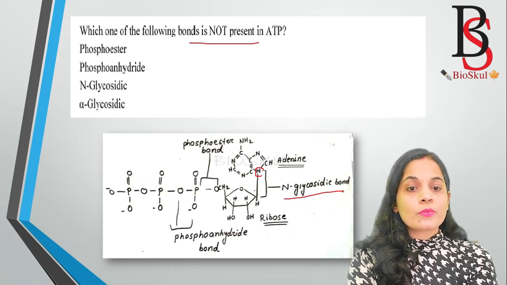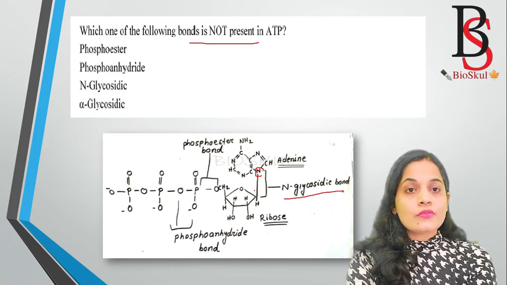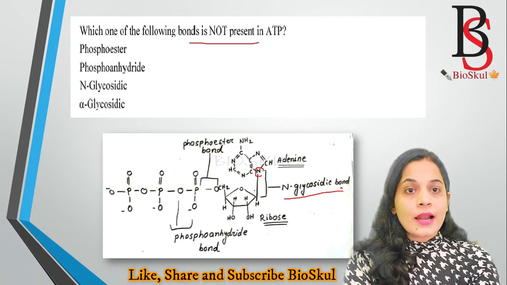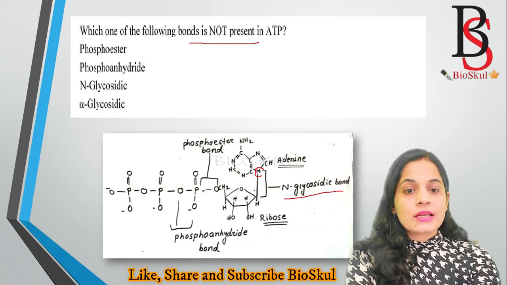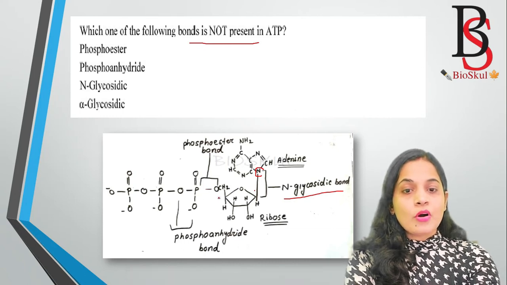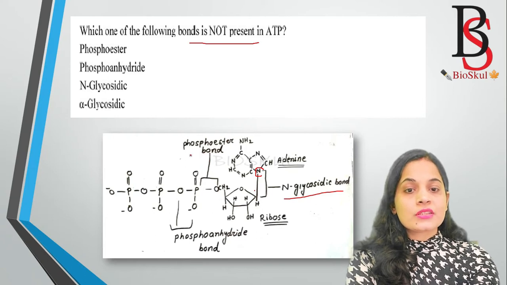The N-glycosidic bond is formed between the anomeric carbon of ribose and the nitrogen group of adenine. Similarly, the bond between the sugar molecule and the phosphate is known as the phosphoester bond. And the bond between the phosphate groups is called the phosphoanhydride bond.